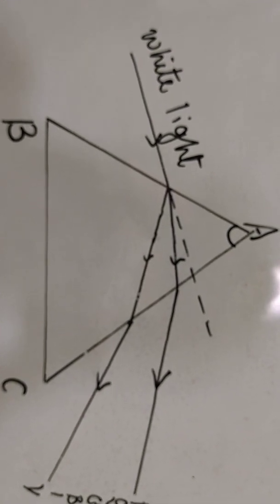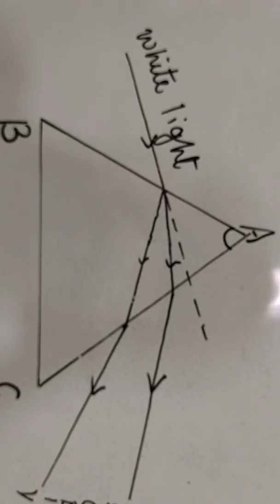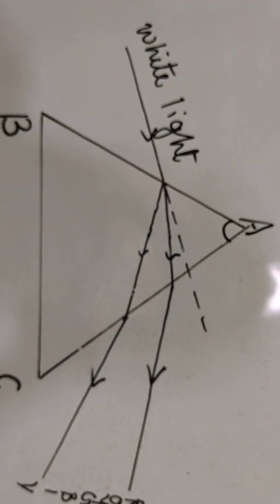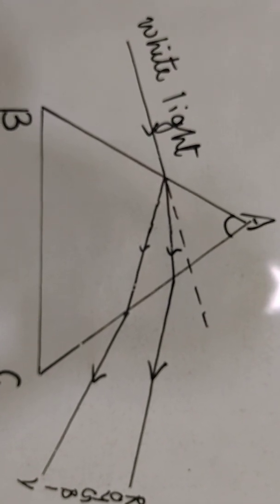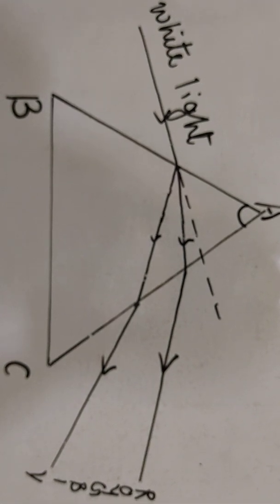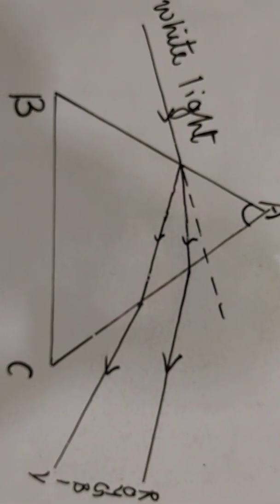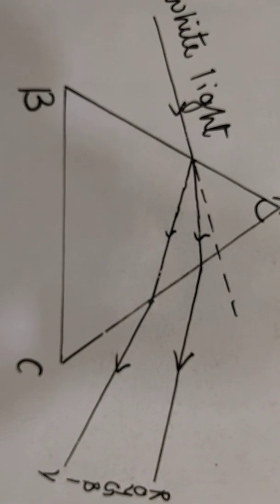The base of the prism is the side opposite to the angle of prism A. And hope you remember, the angle of prism is the angle between the two refracting surfaces, AB and AC, of the prism. The dotted line indicates the direction of incident light.